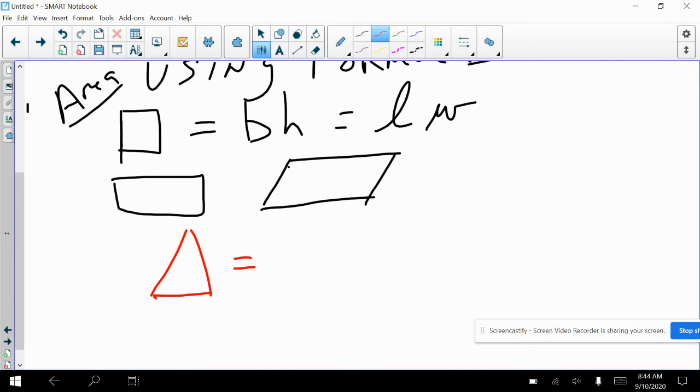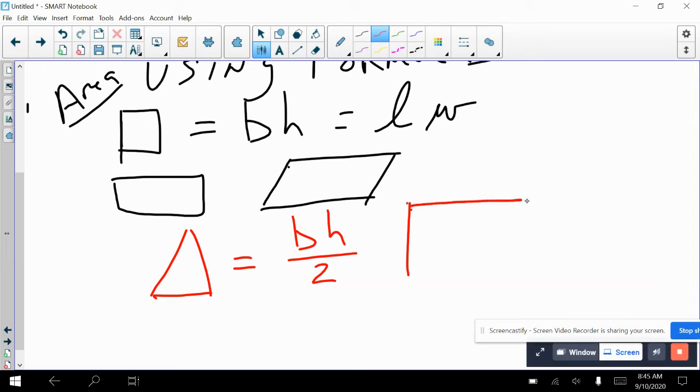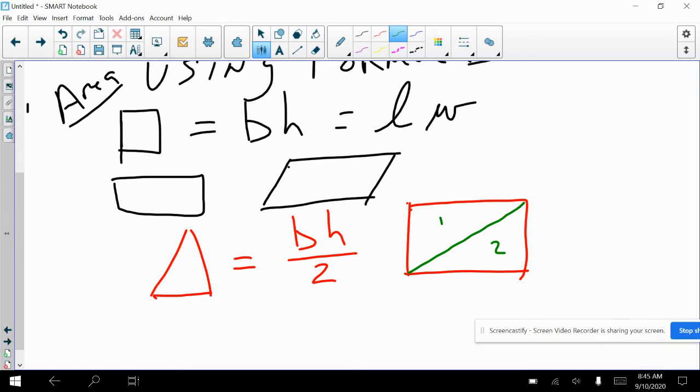Normally I think in elementary school they teach base times height divided by 2, right? Maybe some of you are wondering why the divided by 2. Because if you take a rectangle and you divide it by 2, don't you have 2 triangles there?